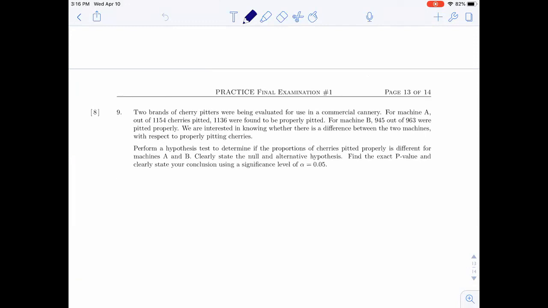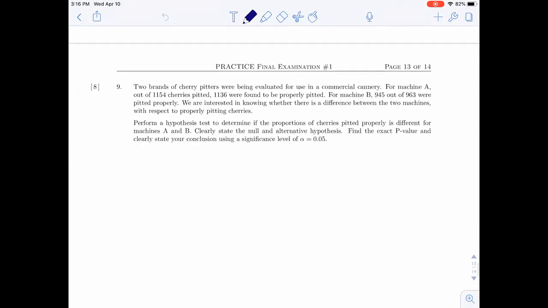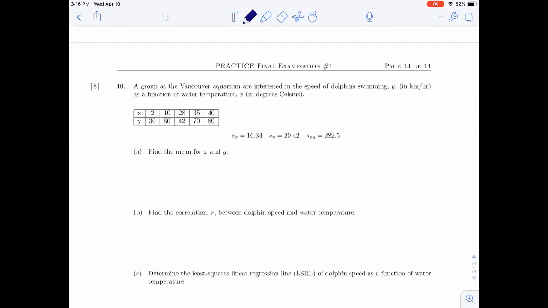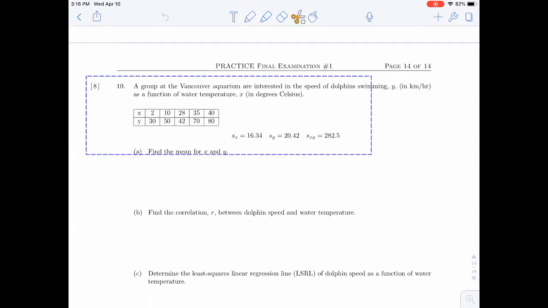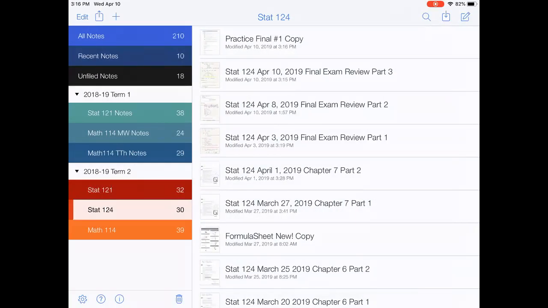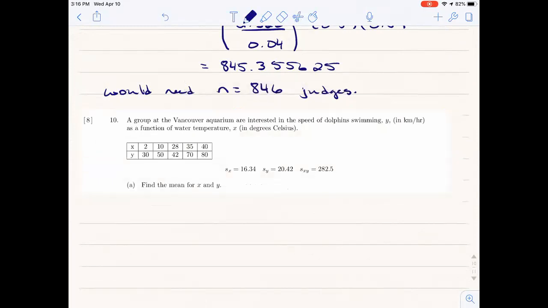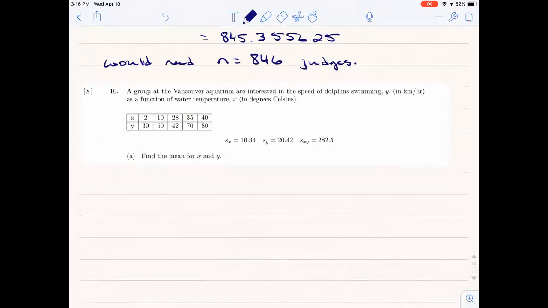You have to check the assumptions. The solutions are posted, so I'm not too worried about you guys, but you also did it. I stole it for your assignment, so you've seen it before. Skipping question number 9.